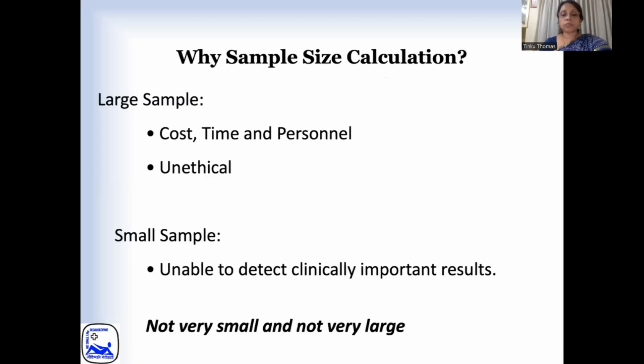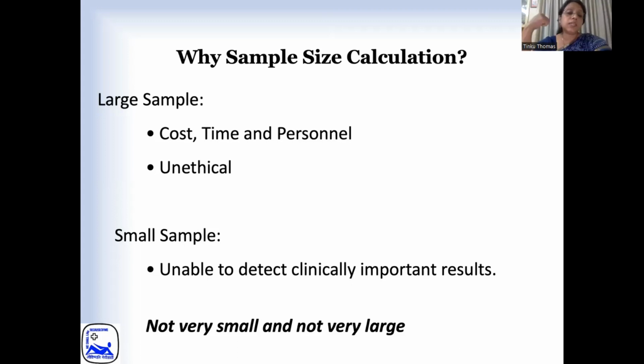So why do we have to do sample size calculation? Doing a large sample costs us time because we have to collect that much more data, and we need more personnel. So it is costly in terms of money that you spend for the research. So it is not advisable to do very large sample size studies.